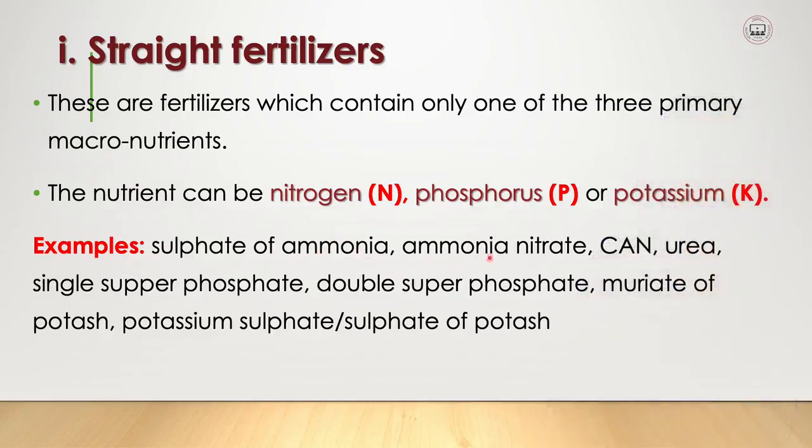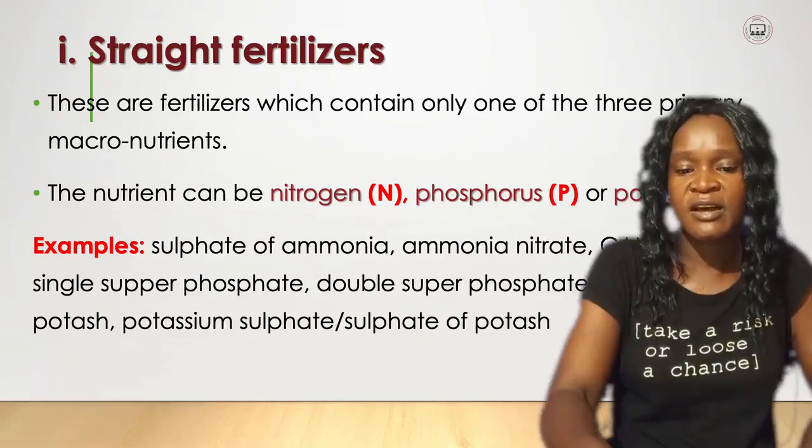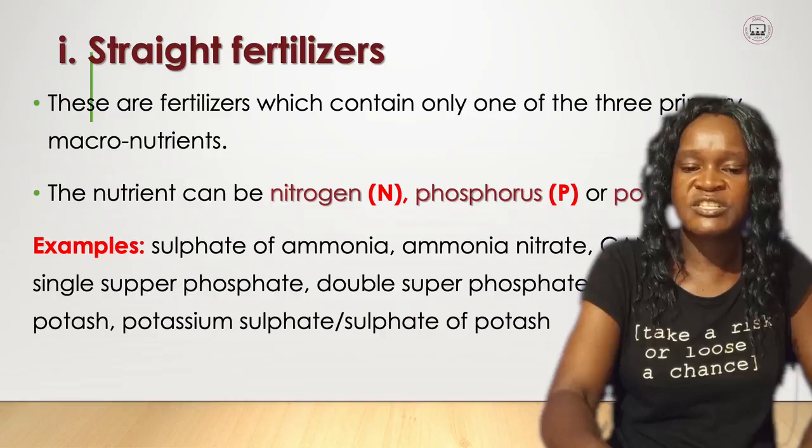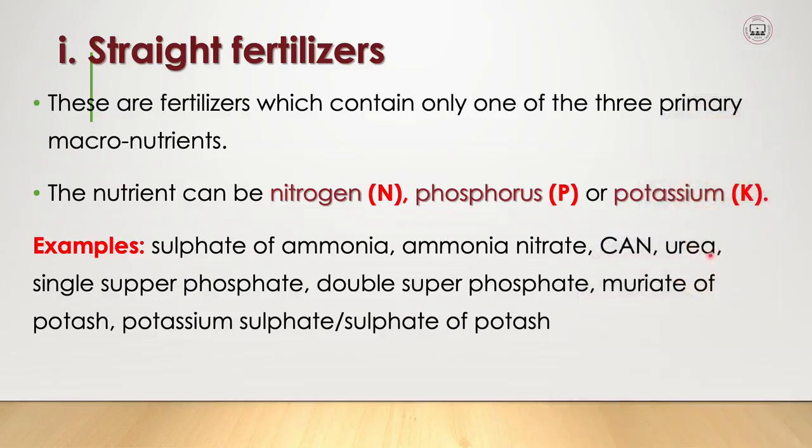The same applies to ammonium nitrate, there is nitrogen in there. CAN, there is also nitrogen, though there is calcium, but there is only one primary macronutrient, which is nitrogen. The same applies to urea, there is only nitrogen. Then we have single superphosphate, there is only phosphorus.